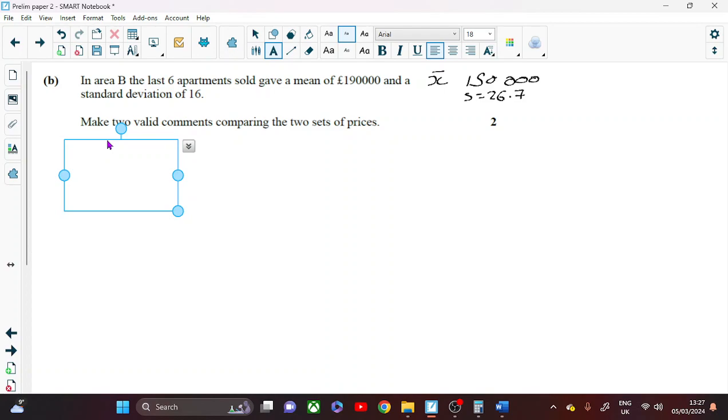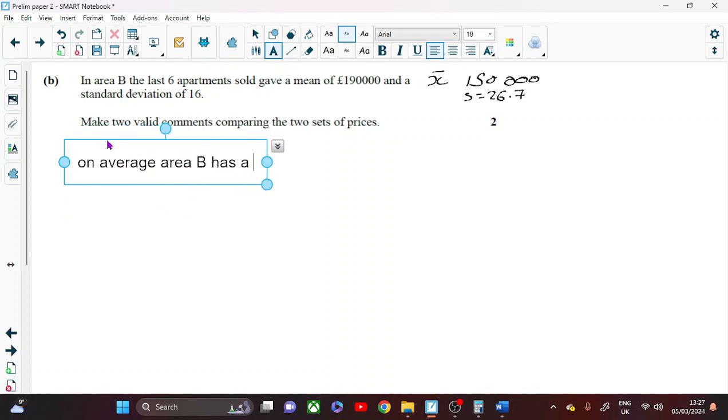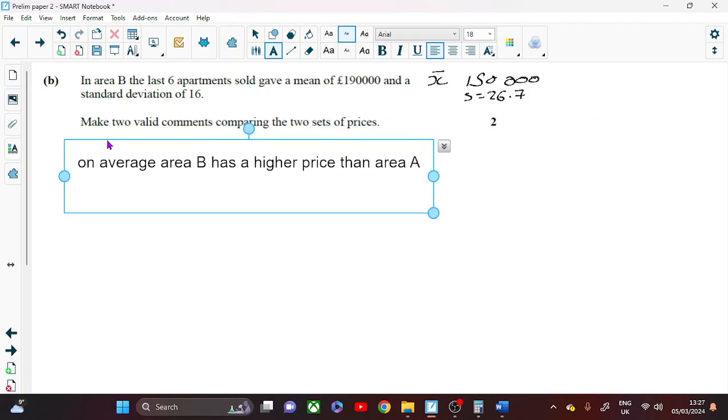So, on average, our average house price in area A is smaller than our average house price in area B. So, on average, area B has a higher price than area A. And our second sentence, 2 valid comments, so we want to now compare the standard deviation.